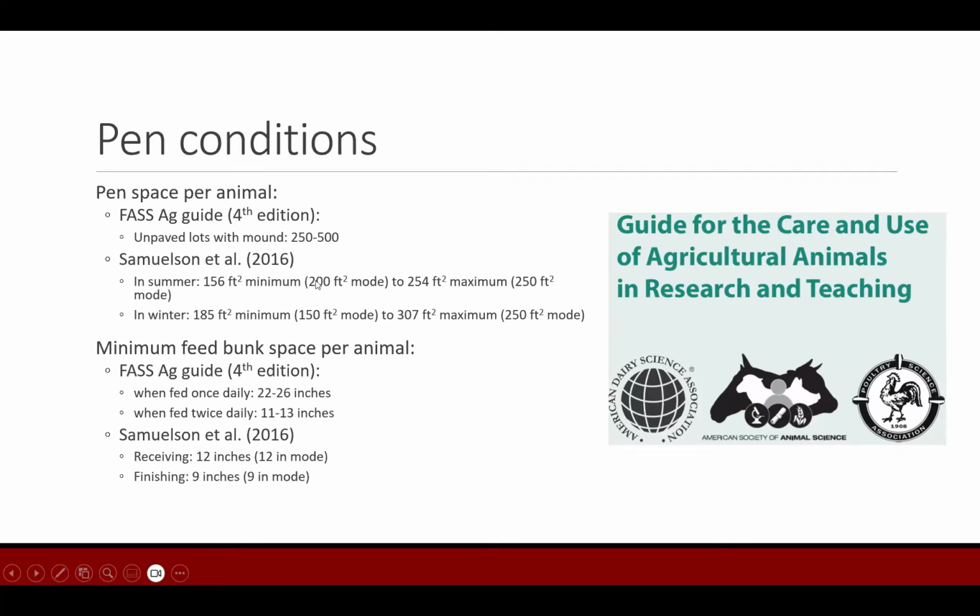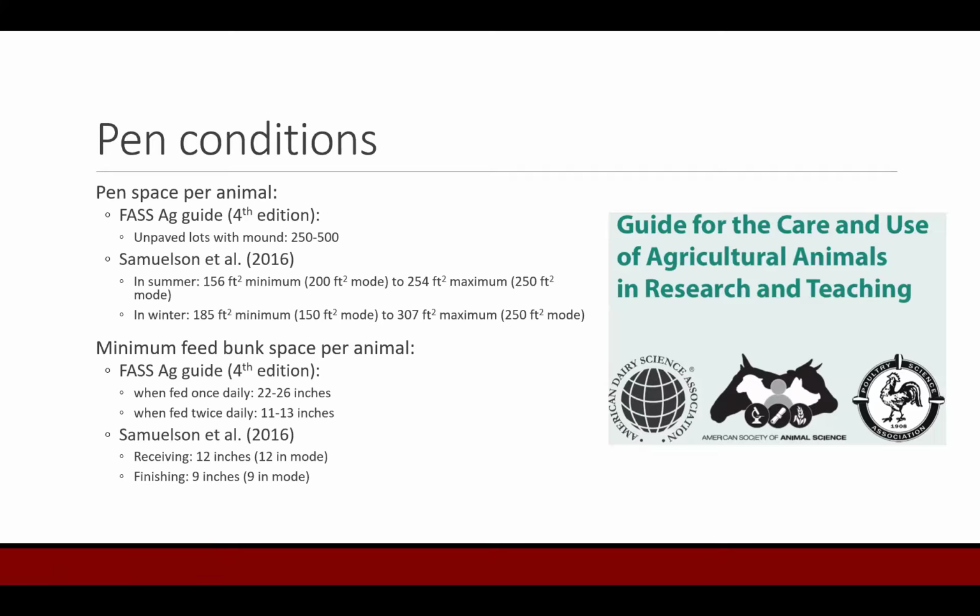The mode, so the most frequently answered, was 200, and then the maximum was 254 feet squared. But again, the mode was 250 feet squared. Okay, so feedlots in the summer will allocate around 200 to 250 feet squared. In the winter, we have a different recommendation. Okay, 150 to 250 feet squared.